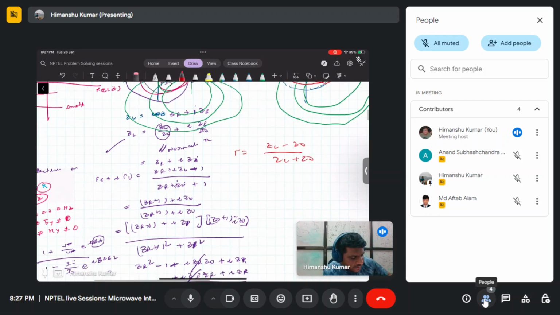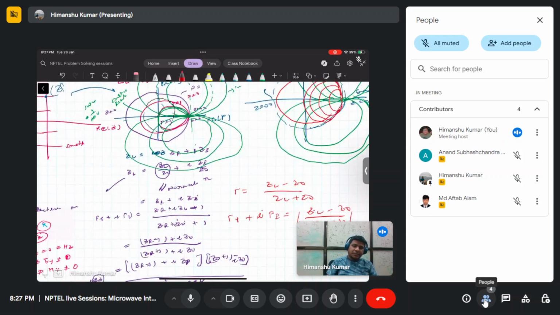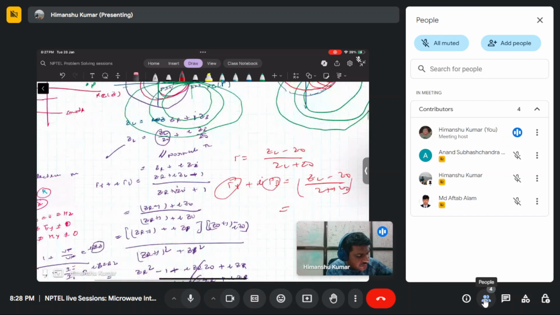So gamma you can represent as a real part plus j times the imaginary part, equals ZL minus Z naught divided by ZL plus Z naught. If you represent gamma real and gamma imaginary in terms of ZL and Z naught, then you can take the ratio also. So this will become ZL by Z naught minus 1 divided by ZL by Z naught plus 1.